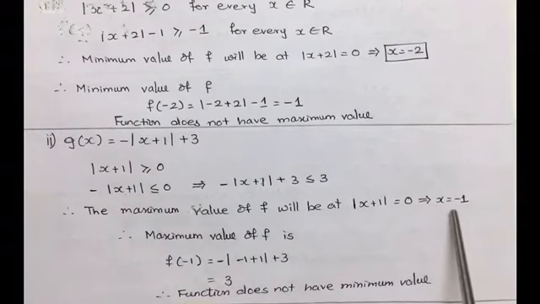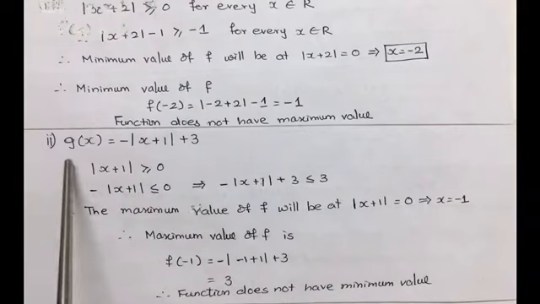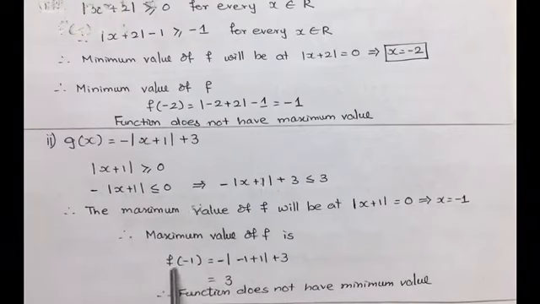Keeping this value of x equal to minus 1, to calculate the maximum, g of minus 1 is equal to minus mod of minus 1 plus 1 plus 3, and that comes out to be 3. So the maximum value of g becomes 3. Therefore we can say that the function has the maximum value but the minimum value does not exist.